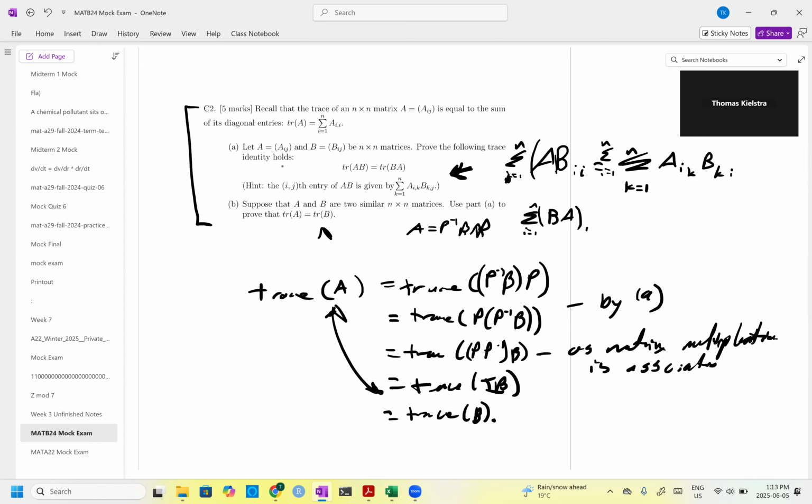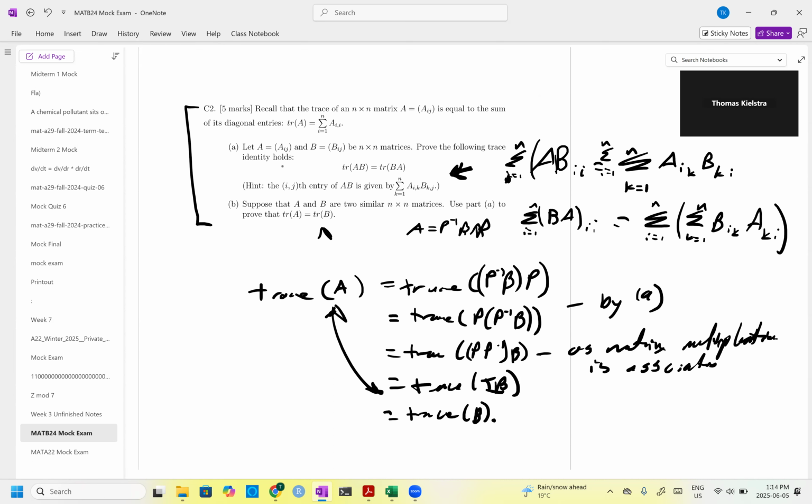And if we take the sum of i equaling 1 to n of BA, this is going to be the sum of i equaling 1 to n of the sum of k equaling 1 to n of B i k, A k i.